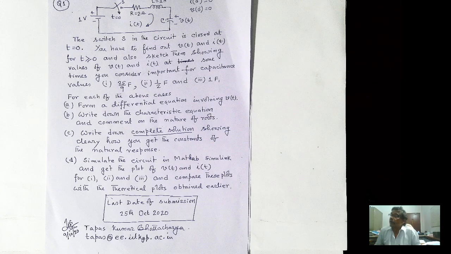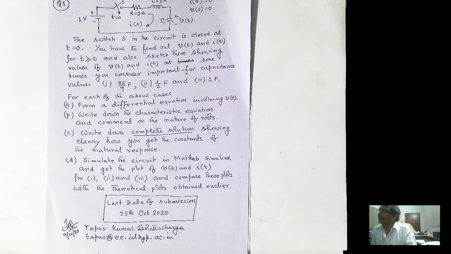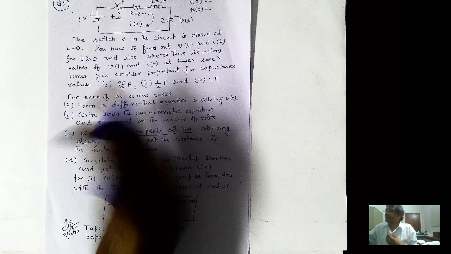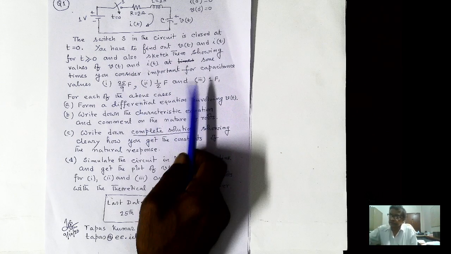And obviously while submitting, I will tell you in general. So that's all. That is the theoretical analysis of the circuit you will be doing. It will take perhaps 2-3 pages, but you have to do it for all three values of capacitances.